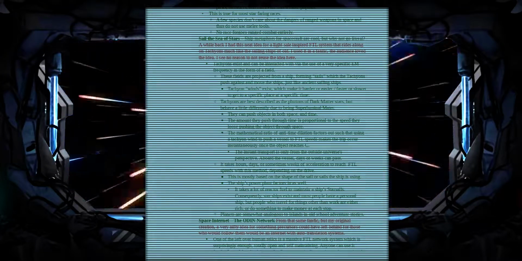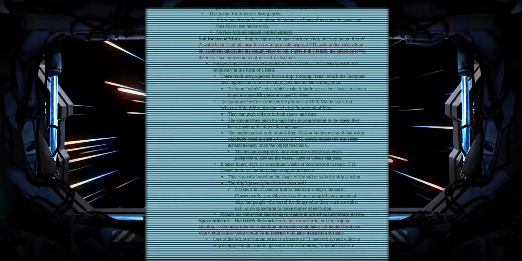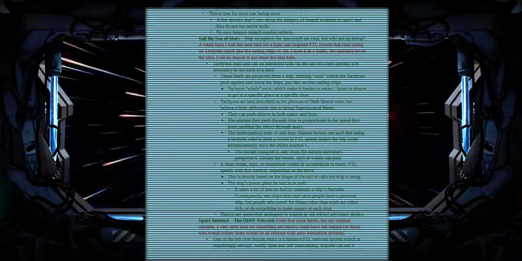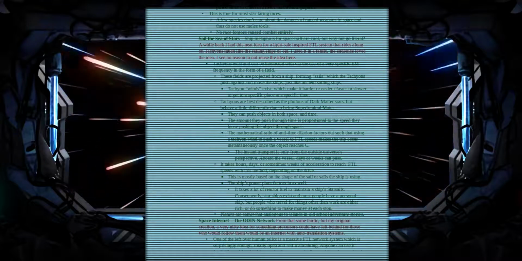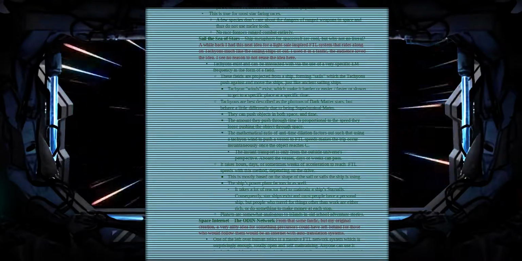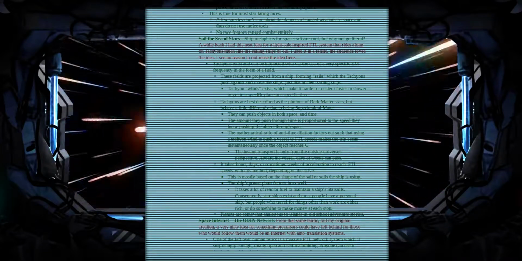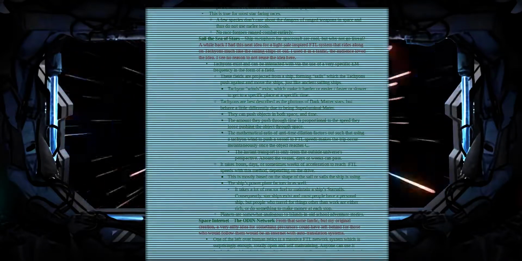But that instant transport is only from outside the vessel's perspective. Aboard the vessel, it can spend days or even weeks traveling at faster than light speeds. But from the outside viewer's perspective, the ship jumps to warp, and the moment it jumps to warp, it also jumps out of warp at its destination.